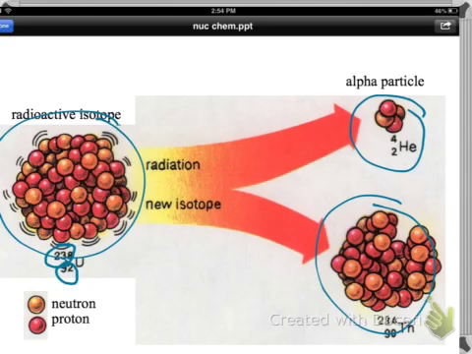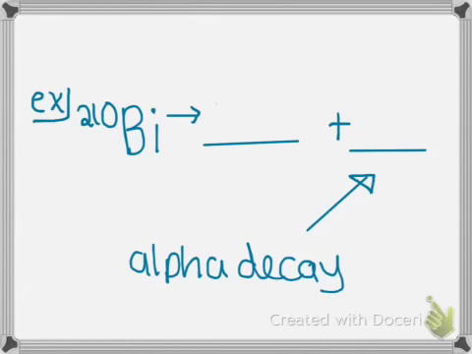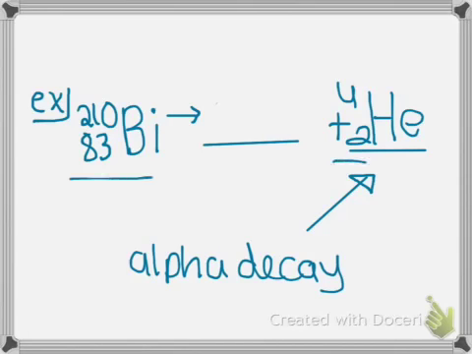So now we're going to try an example, and so we'll go through it together. So it gives us bismuth-210, and if you look on the periodic table, bismuth's atomic number is 83, so we know 83 goes on the bottom here. And since it's alpha decay, we know an alpha particle is helium-4 2. So we're going to write that here. So we have to balance this side out and this side out.